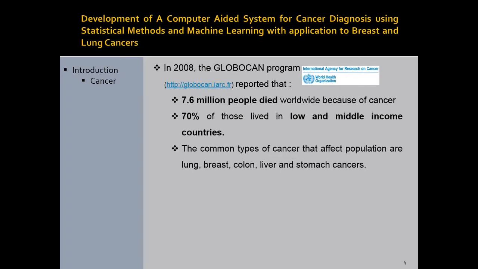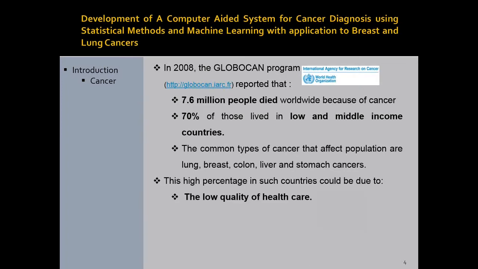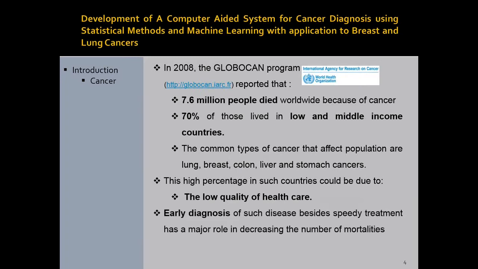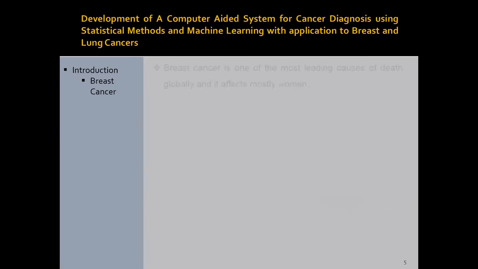The common types of cancer are lung and breast. Lung mainly for male people, and breast cancer is for female. So the high percentage in these countries could be due to the low quality of health care. So we need to do the early detection or early diagnosis in order to save some lives.